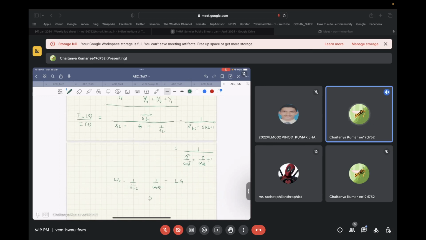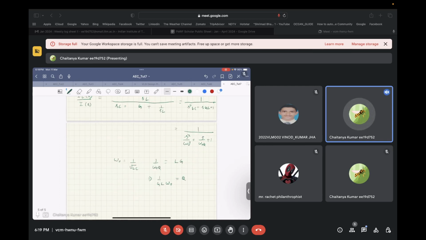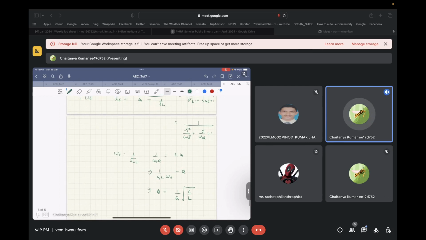That implies 1 by GLω₀ is equal to Q. If we substitute the value of ω₀ here, we get quality factor as 1 upon G times root C by L. Is this clear to you? Is there any doubt till here?